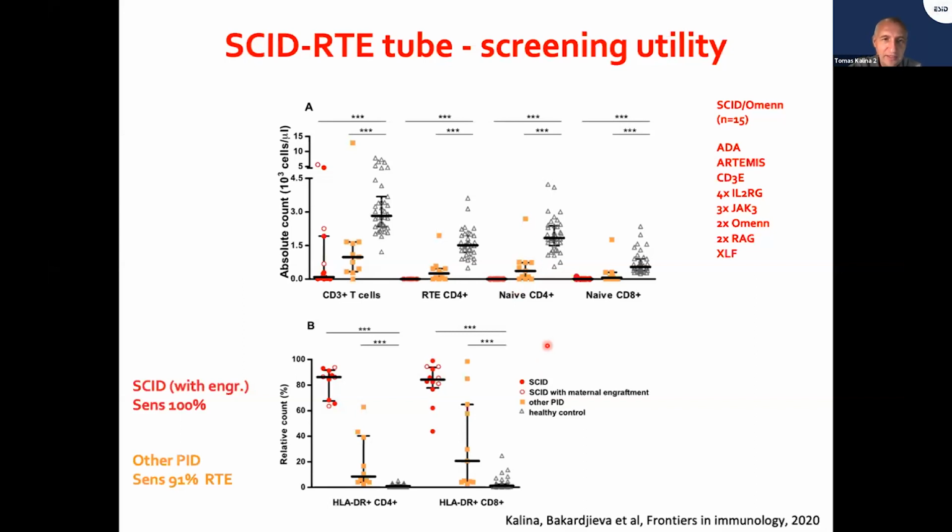So no patient with SCID would escape detection. And with the other PIDs that are listed here, there are multiple, but there is also one patient with ALPS that would not be easily detected by just looking at the naive recent thymic emigrants and activation. So this is why the sensitivity would be lower.